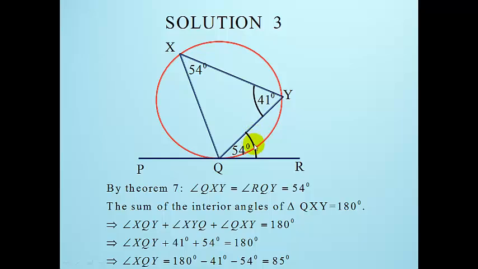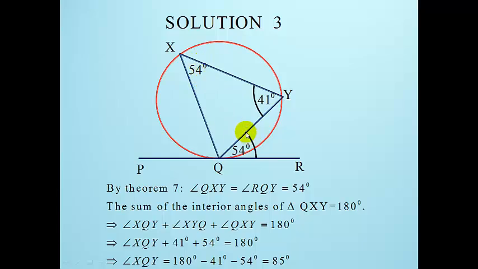I repeat, from the question we were given angle YQR to be 54 and angle XYQ to be 41 degrees. Why is it 54 degrees?